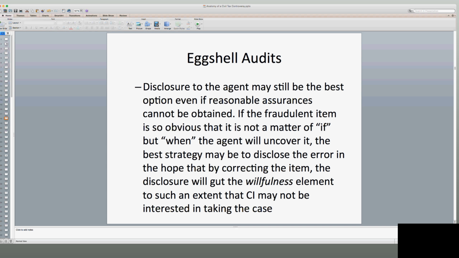It can essentially be used to gut the willfulness element by arguing that, hey, we were forthcoming and honest right from the very beginning of this audit. We advised the revenue agent that there was an item that needed correcting, and we were fully prepared to amend the return and to comply with any instructions that the examiner gave us. So again, that disclosure at the very outset of the examination can gut the willfulness element to such an extent that CI may not even be interested in taking the case.